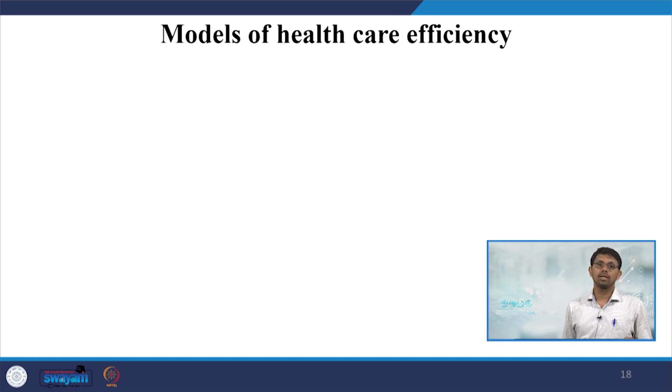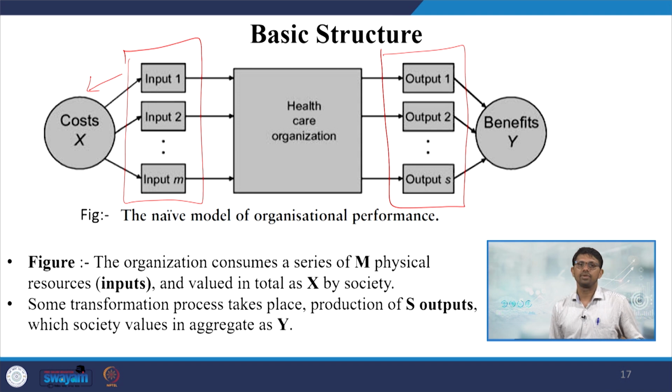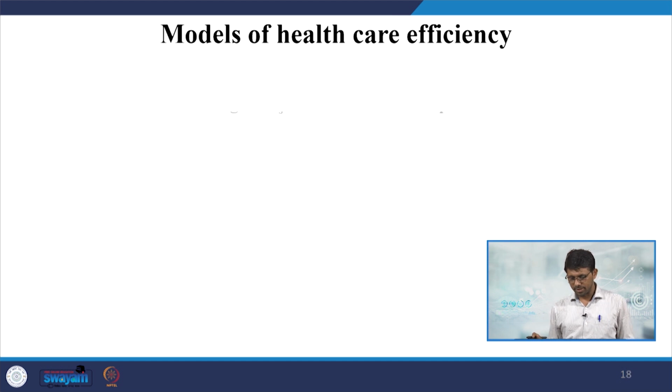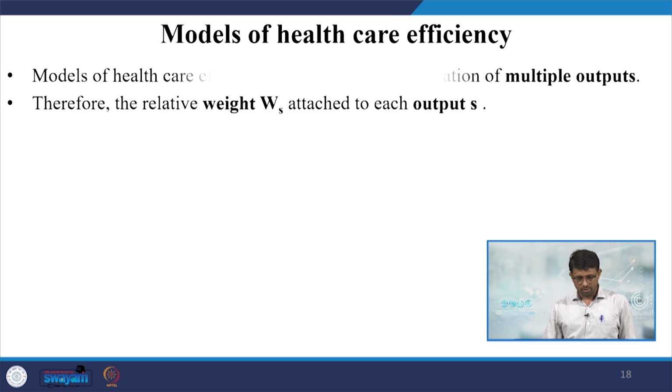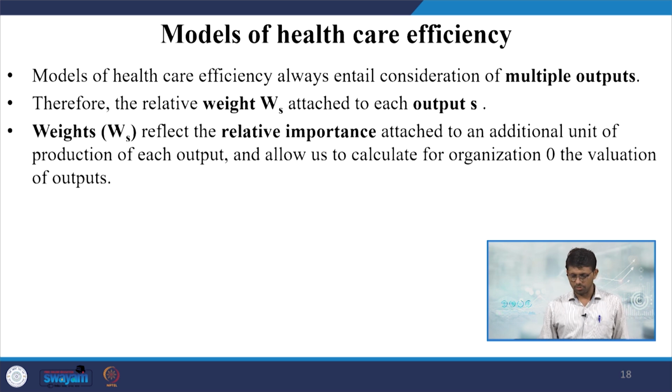Therefore, when we say there are different indicators which are affecting the cost or the input, here is our input, and this is our output, and combining them we can derive one variable through their respective weights. Since there are multiple possibilities of output, we have to carry the relative weights.